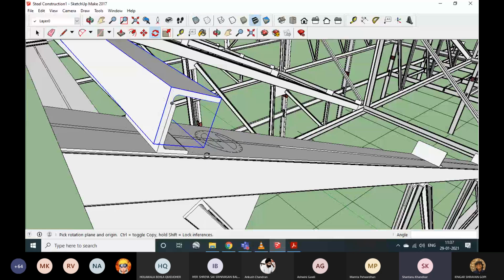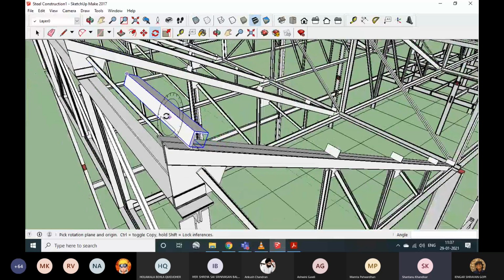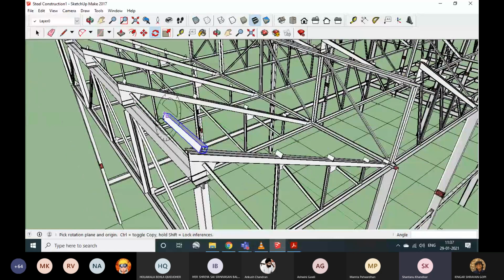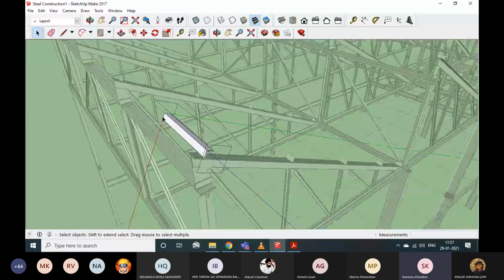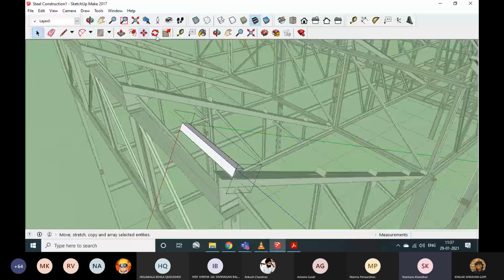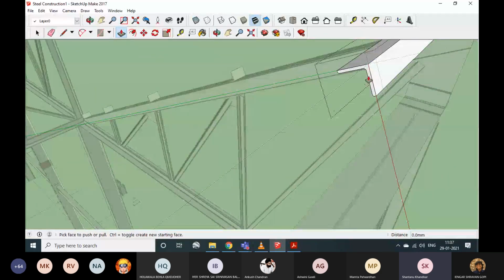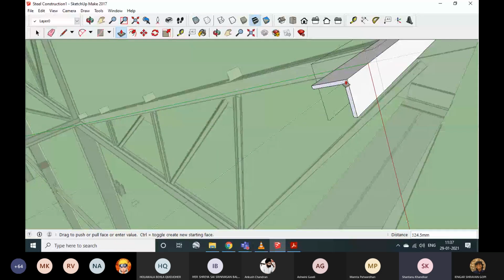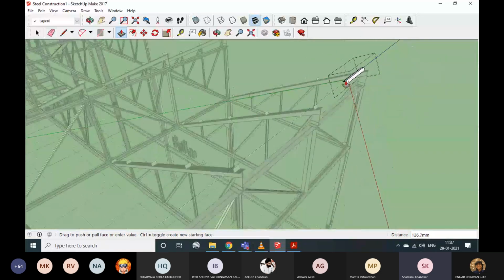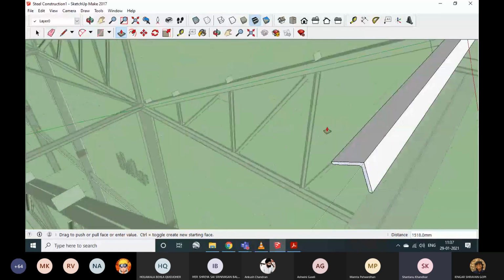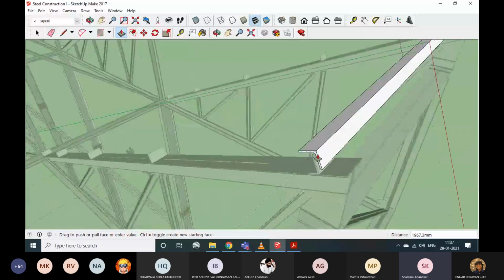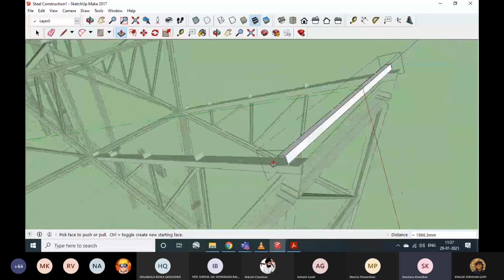This purlin will obviously go and span across the entire roof like this. So let's do that as well. I'm going to do one bay over here, not the entire thing.